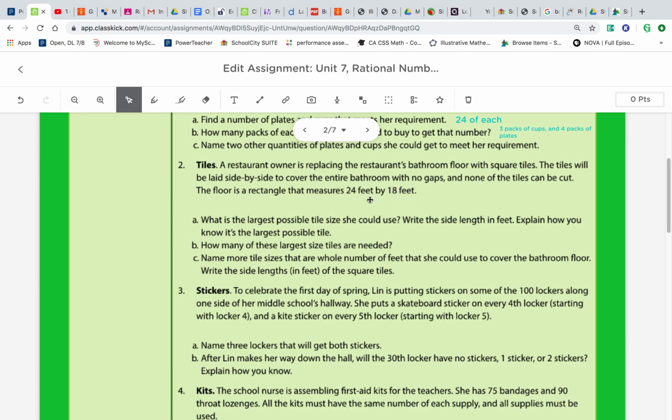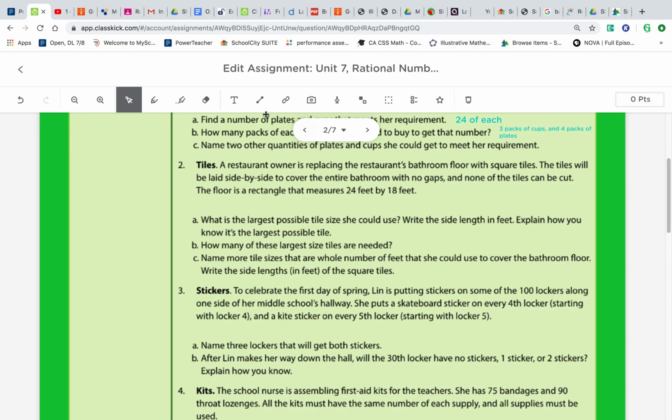So we need to have a common factor that can divide both 24 and 18. And because they want the largest possible tile size, that means we want the greatest common factor.